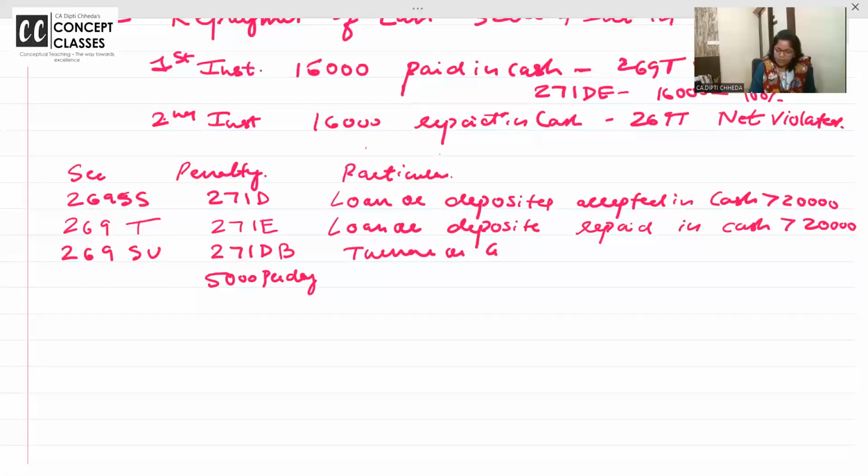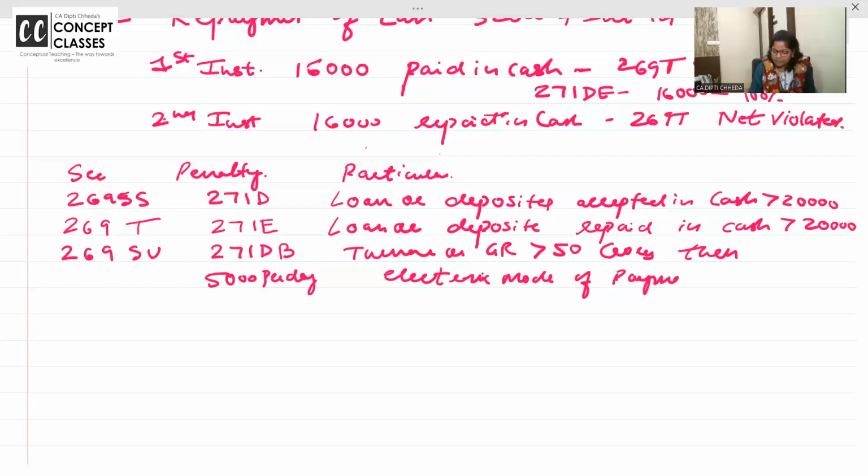Turnover or gross receipts, if it exceeds 50 crores, then electronic mode of payment is mandatory. It is mandatory to have electronic mode of payment if your gross receipts or your turnover is exceeding 50 crores, right?